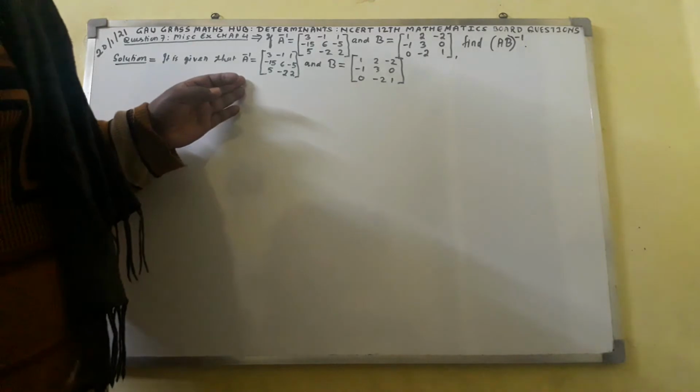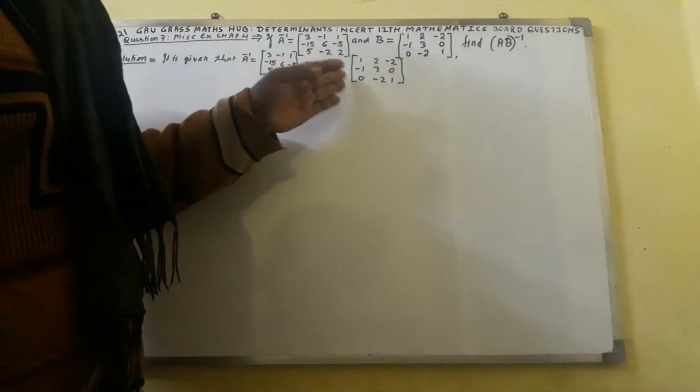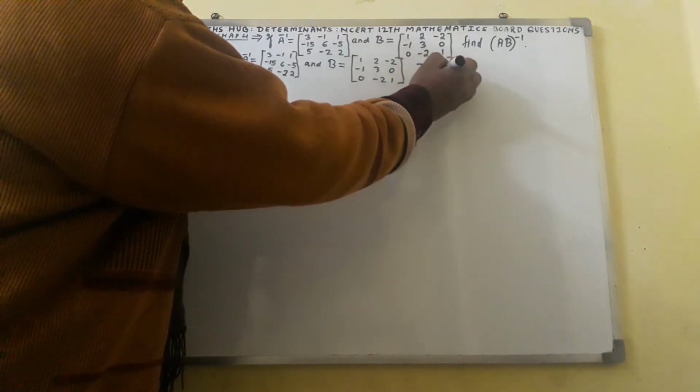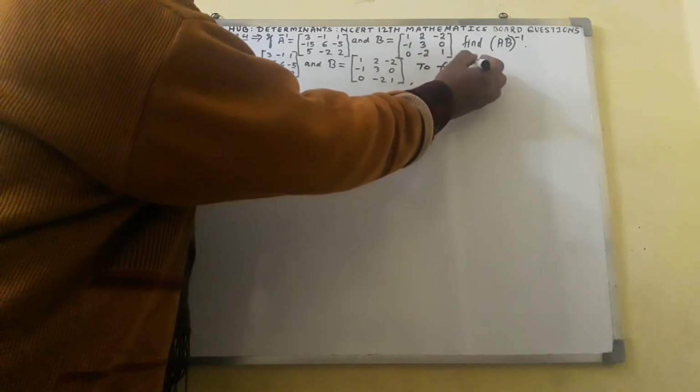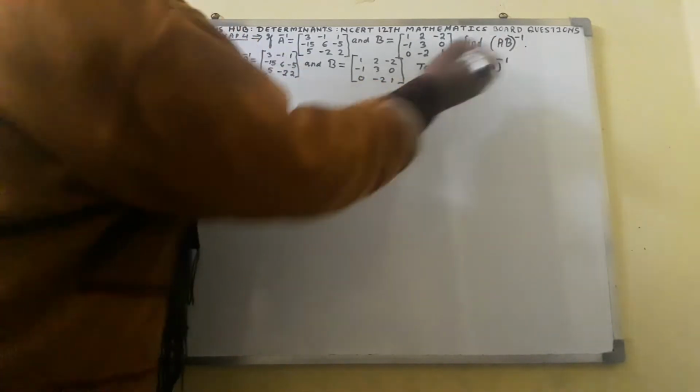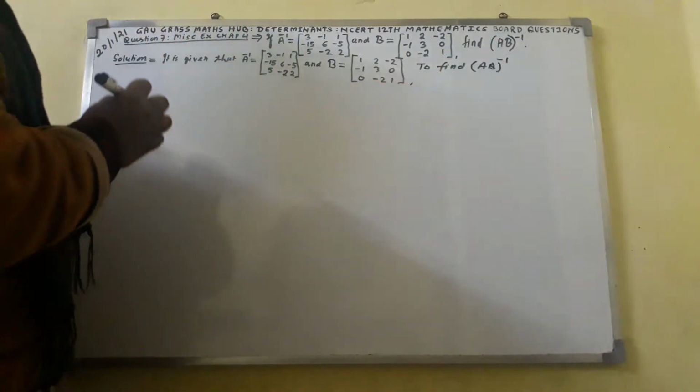A inverse is given and matrix B is given. So here we have to find (AB) whole power inverse. Now here I shall write the formula.